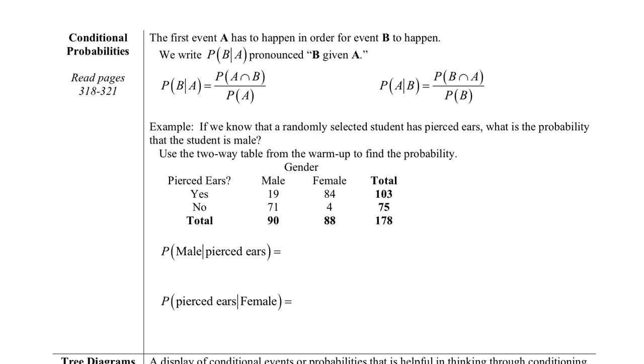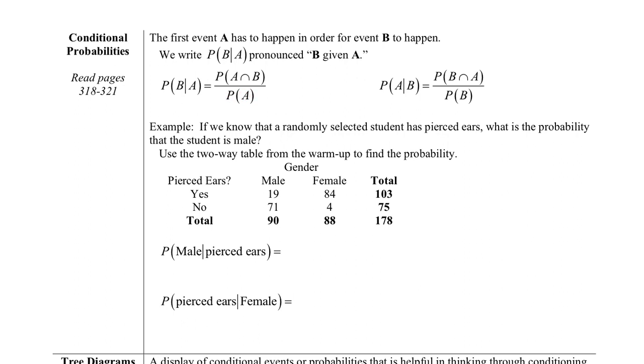We've looked at these before when we first did two-way tables, and I think I even did call them conditional, but we didn't give them a formal meaning. So just take a look at how this works, and I think it's pretty intuitive. If you've got the probability of B given A, the given is always in your denominator because that's what you're dividing by.